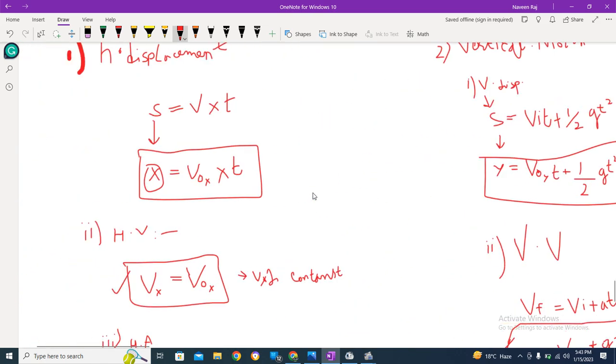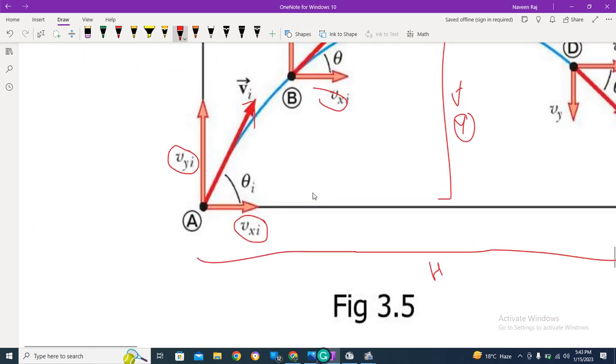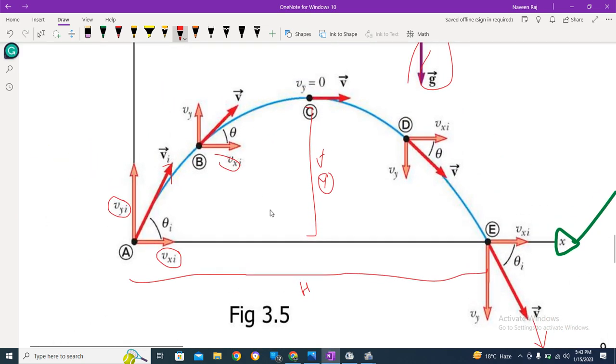Here you are going to see in this diagram. First of all, the body is moving opposite. Gravity is in this direction, while the body is moving in this direction. So there is a negative sign here, right? And secondly, if you say it is going in this direction, why not positive?